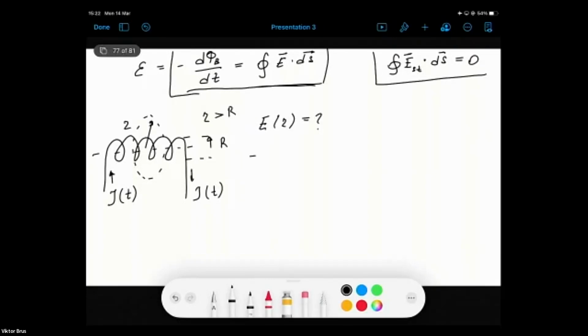So in this case, it will be dΦB over dt equal to minus d over dt of the magnitude of the magnetic field vector times pi R capital square.